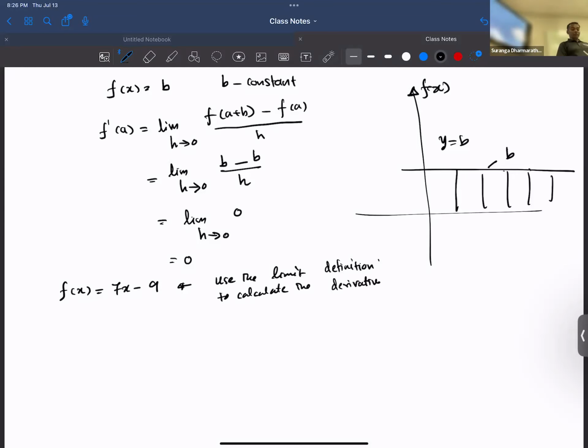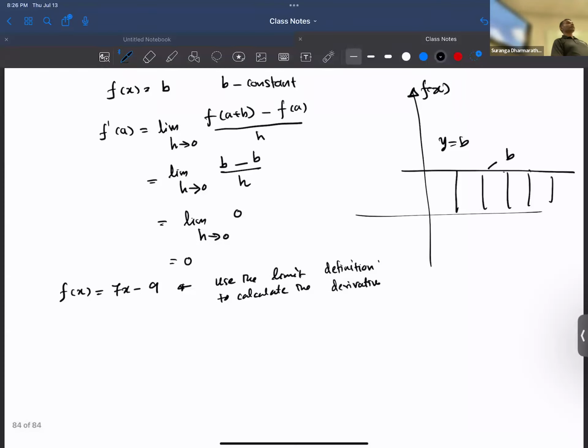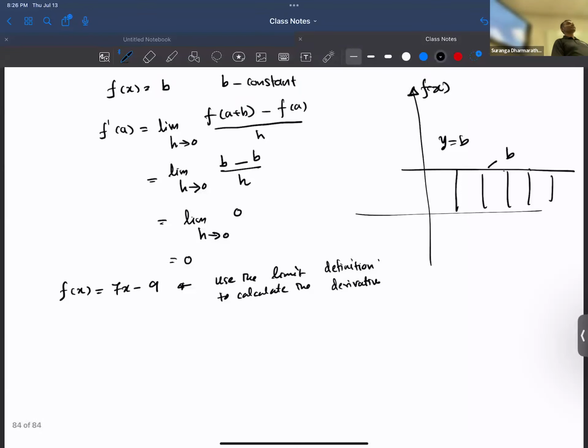So what is the derivative of this function at any point? Now you should be able to tell me. 7. You can use the limit derivative and then check whether your answer is correct. Can you do it later and see whether you get the 7? Use the limit derivative. Instead of x, you substitute a plus h, and a.